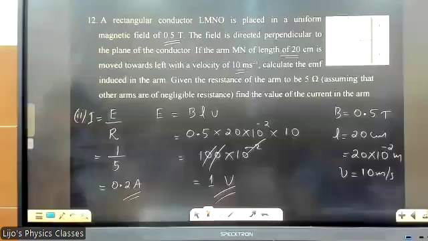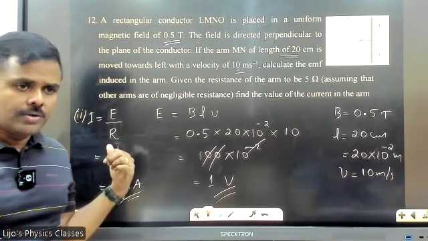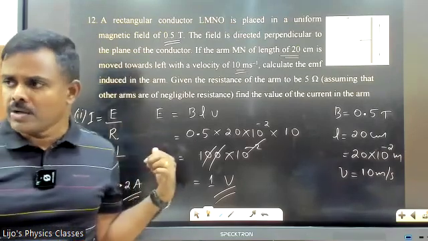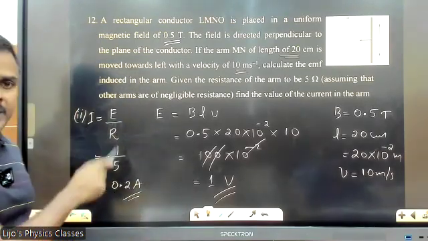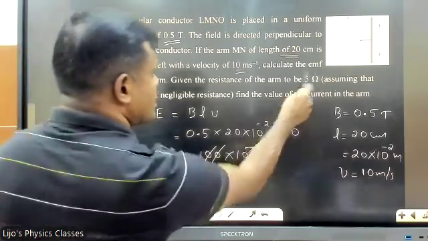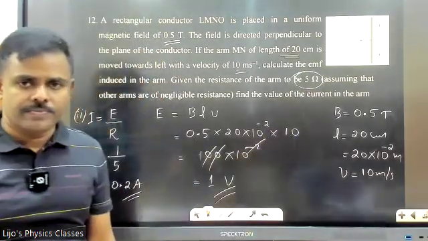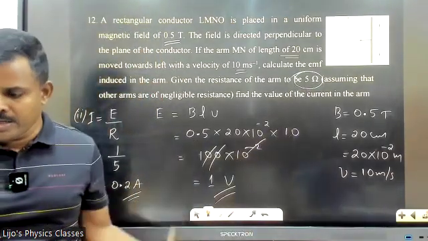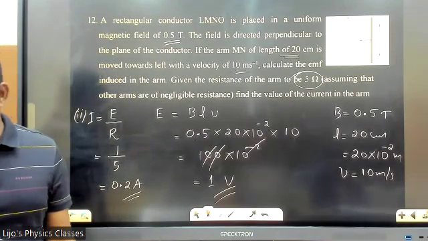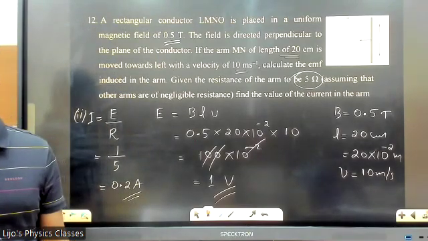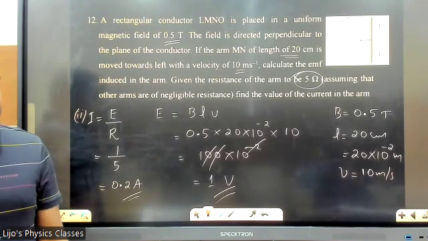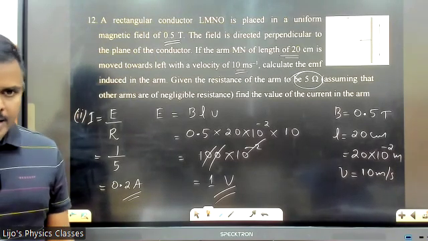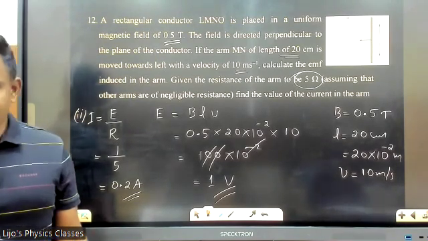You can use Ohm's law. Current is equal to EMF by resistance. Resistance of the arm is given as 5 ohm. You can put it across, 1 divided by 5. That will be 1 by 5 is equal to 0.2 amps. Yes, correct. One last question, I'll wind up. Got it? Clear? 0.2 amps.